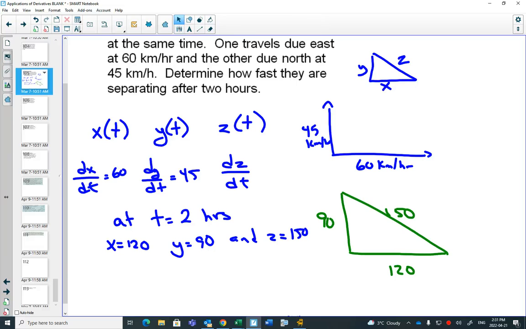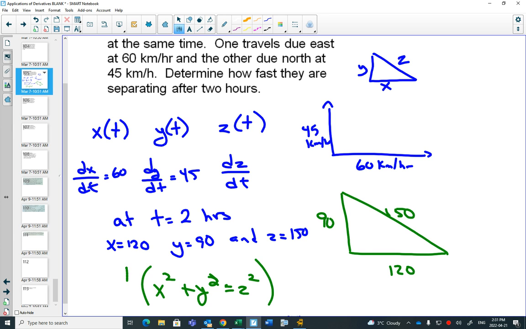Now, if we want to do this with calculus, we have a relationship between x, y, and z. In a right-angled triangle, we know that x squared plus y squared equals z squared. And we can take the derivative with respect to time of this, since each of those values is a function of time.